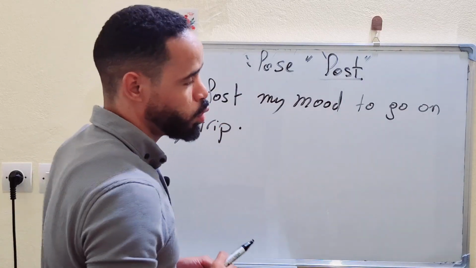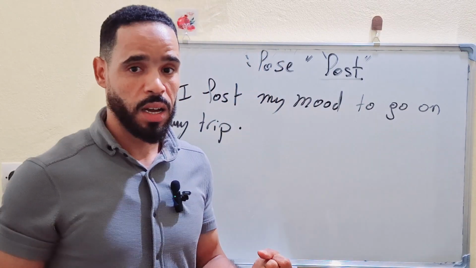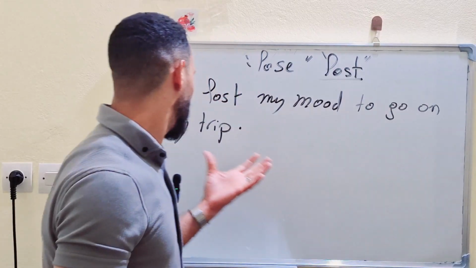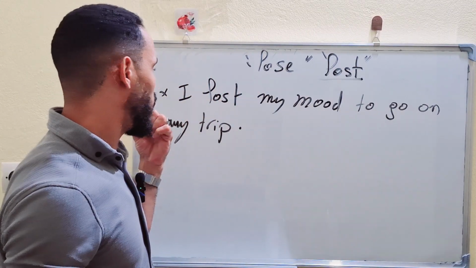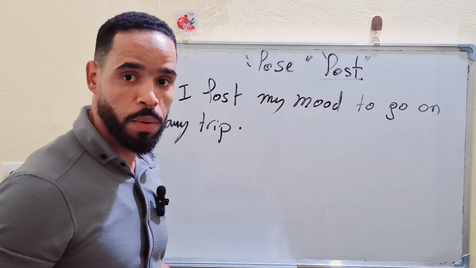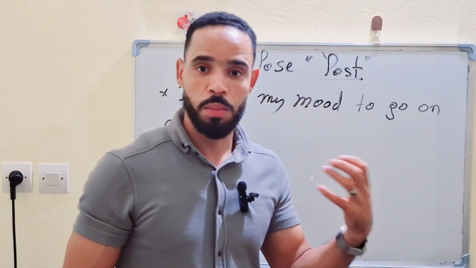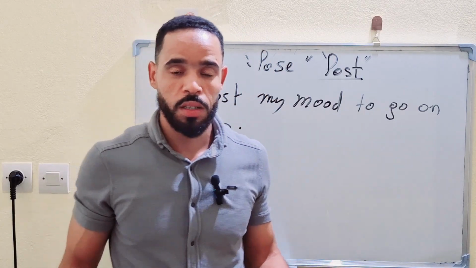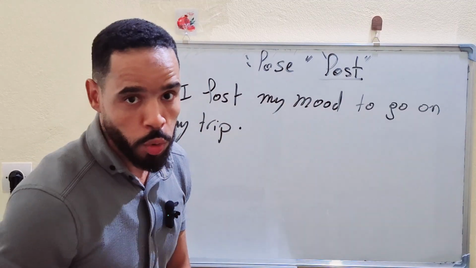I lost my mood, which means I didn't have the desire, or I don't have the desire anymore, to go on a trip, or to travel, or to move to another place. I just want to stay alone. Is it clear? This is what we mean by I lost my mood.